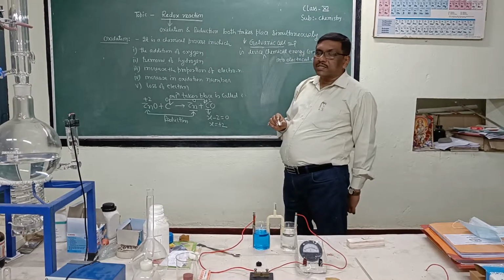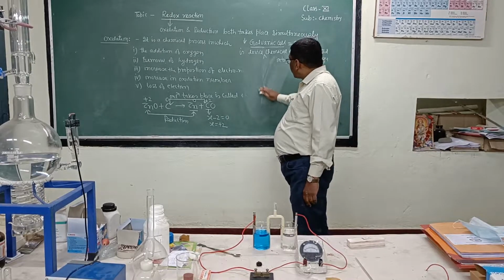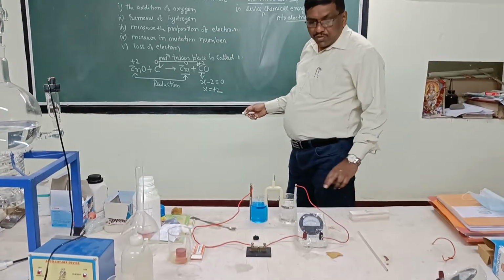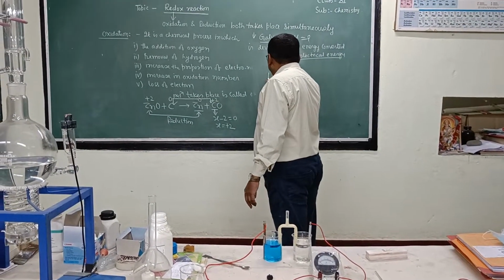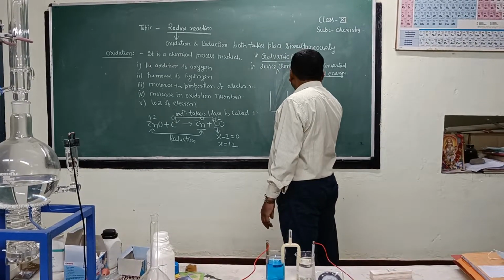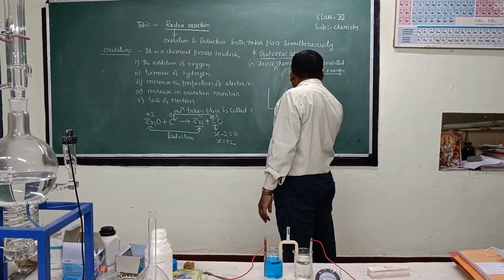Now let us see it as a demonstration. In the galvanic cell there are two vessels. We can take two beakers.